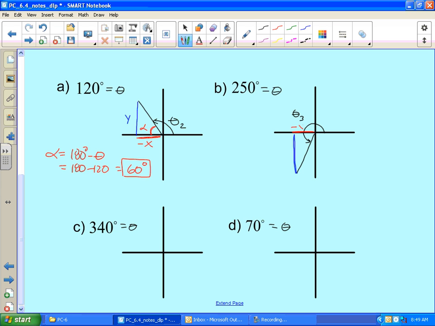We have negative x values, we have negative y values, and here is our alpha. And in quadrant 3, we know alpha is equal to theta minus 180, or 250 minus 180, which is 70 degrees. Notice I'm not writing them as negative. Our reference angles are always positive.